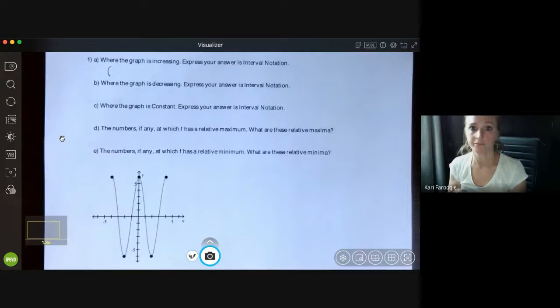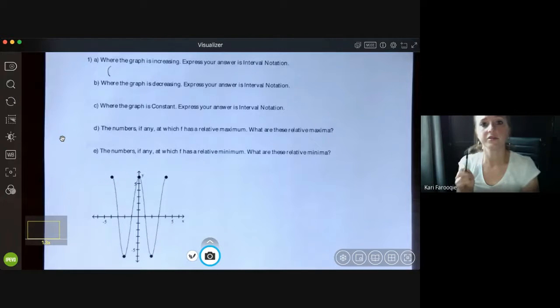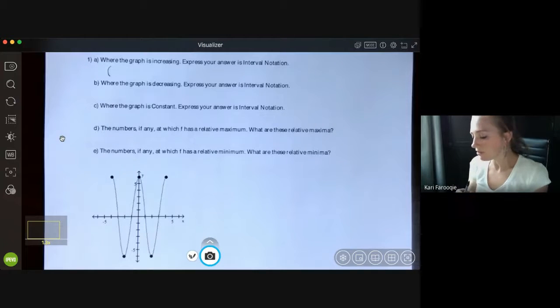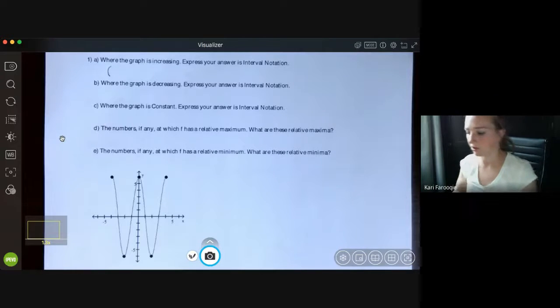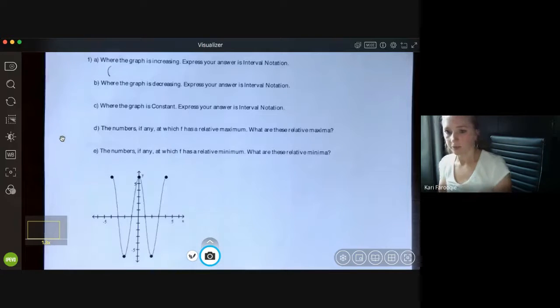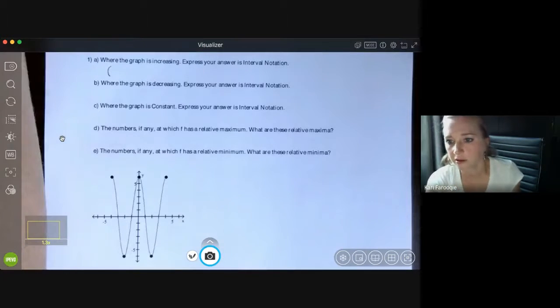So don't log on Monday. This might be confusing though, because on your calendar invite, I forgot to exclude Monday. So if you accepted the calendar invite, then this class is on your calendar for Monday the 7th. But I will not be on. Don't log on. It's Labor Day. Okay, we're good on that. Excellent.